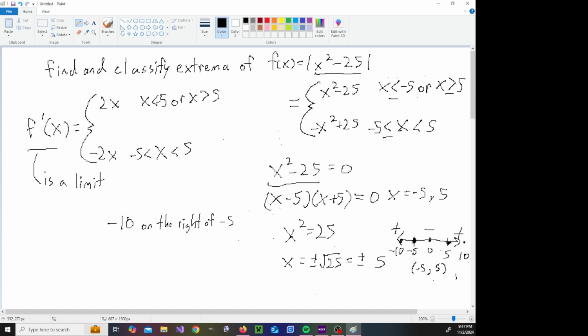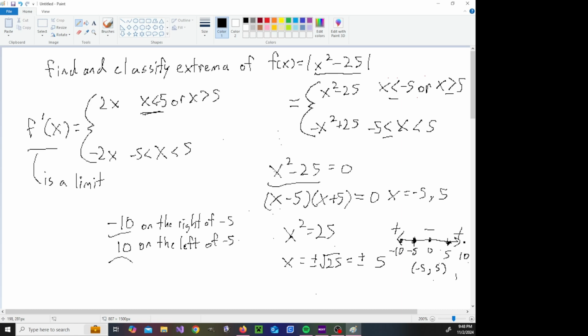But then on the left of negative 5, we have to look up here and we would be positive 10. So my two-sided limit doesn't exist because the left-hand limit would be 10 and my right-hand limit would be negative 10.